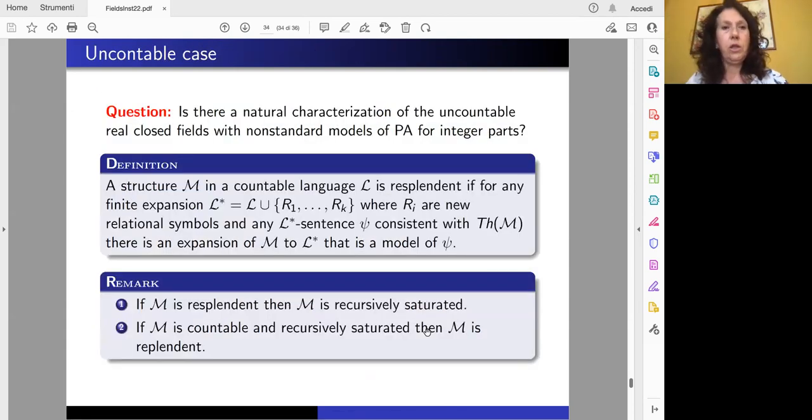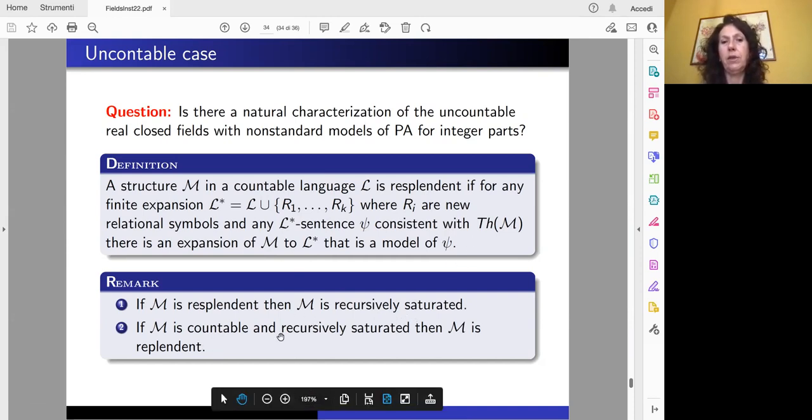There is also this question: is there a natural characterization of uncountable real closed fields with no standard models of Peano arithmetic? This question was also addressed by Mourgues, Merle, and Steinhorn in a paper. The notion they considered was resplendency, which is strictly related to recursive saturation.